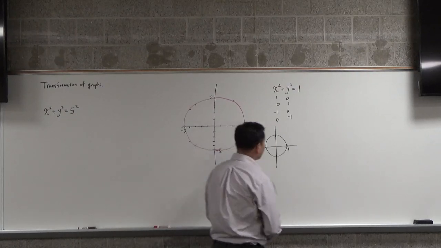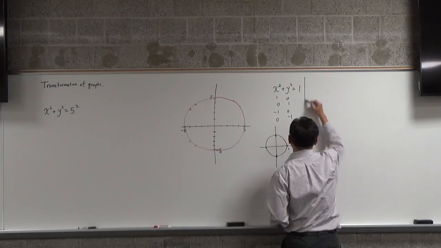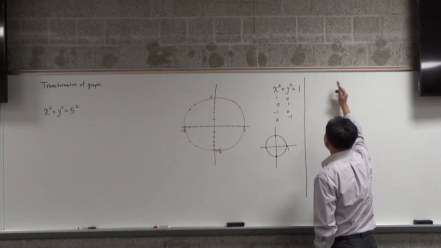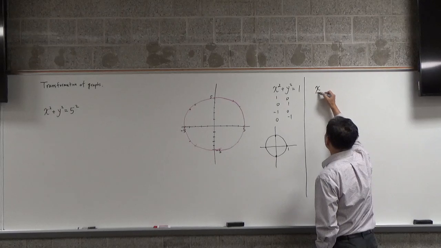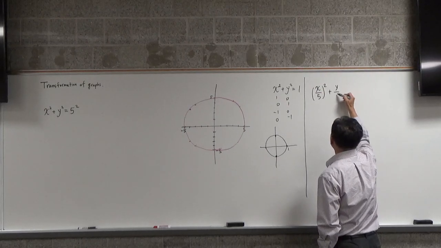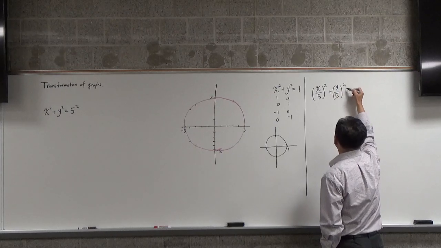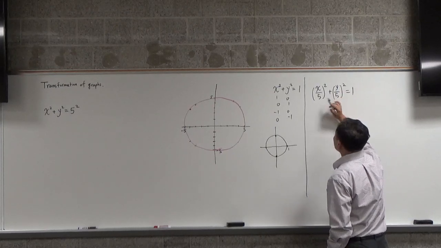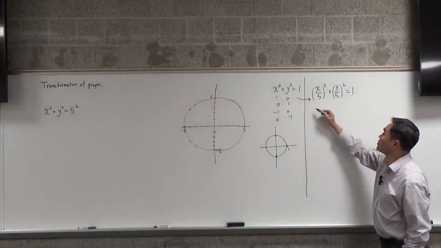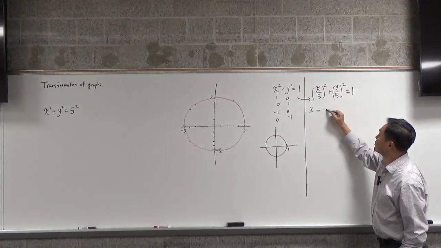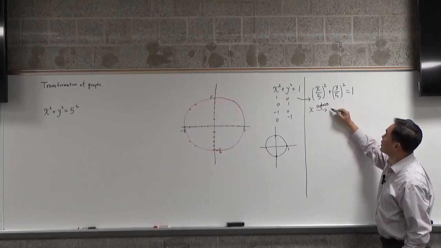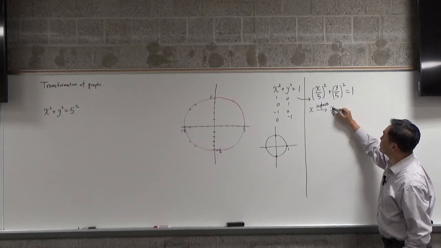So next thing that I want you to think about is, what is the graph of (x over 5) squared plus (y over 5) squared equal to 1? So what's happening from here to there is you're replacing x by x over 5.